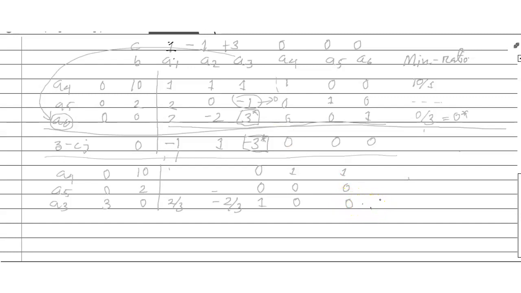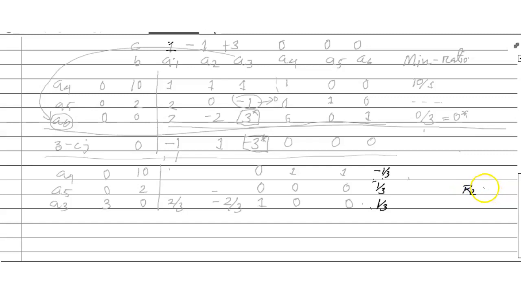This portion is 1 by 3, and adding this portion gives minus 1 by 3. What is my operation?